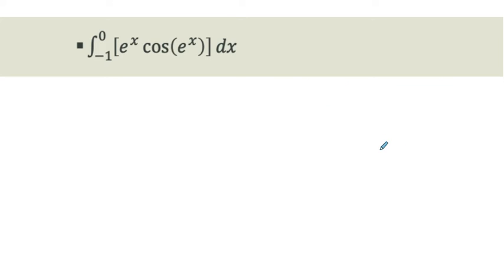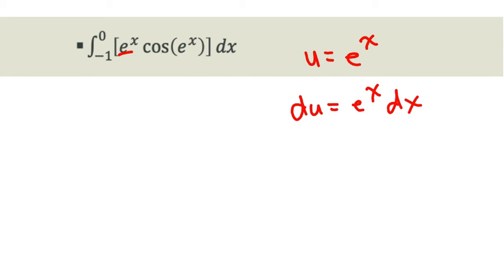All right. So last problem here. I'm going to say u equals e to the x, because when I take the derivative, du is equal to e to the x dx, and I have an e to the x dx right here, so that's good.